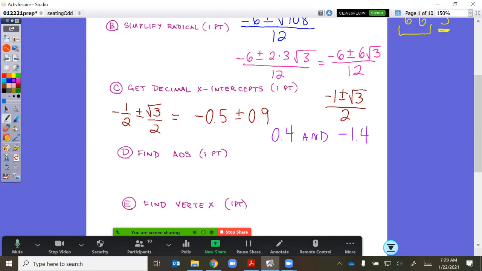Okay, so find the axis of symmetry. Go ahead and find the axis of symmetry.